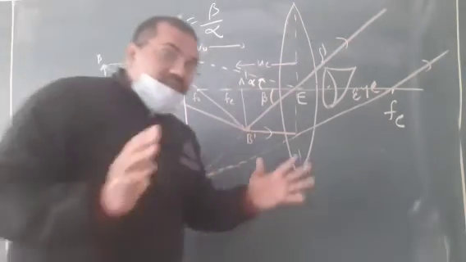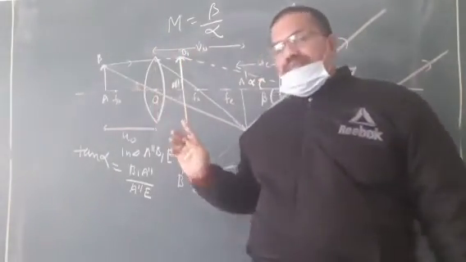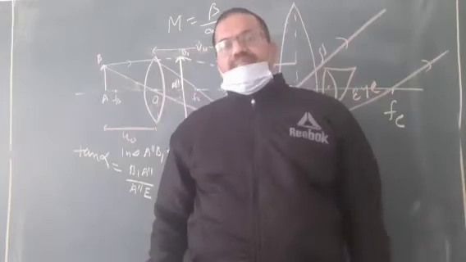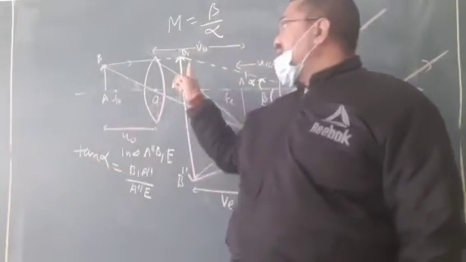Since angles alpha and beta are very small, as we discussed earlier, you can write tan alpha as alpha and tan beta as beta.